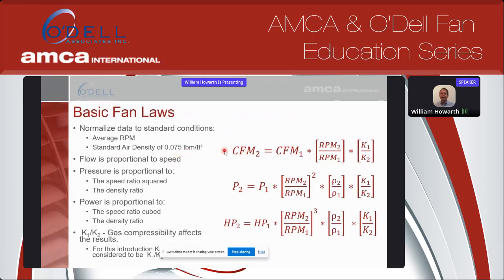So the first fan law covers flow, CFM. Your CFM for your new point is going to be directly proportional to the CFM of the old point times the RPM ratio and the compressibility factor. The pressure varies a little bit differently.